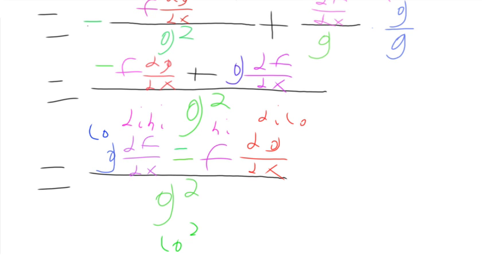What does that mean? Low, it's the bottom function, g. This is the original bottom function, of course. Don't forget, this is all the result of the derivative of f over g. I know it's been a while since we saw that.